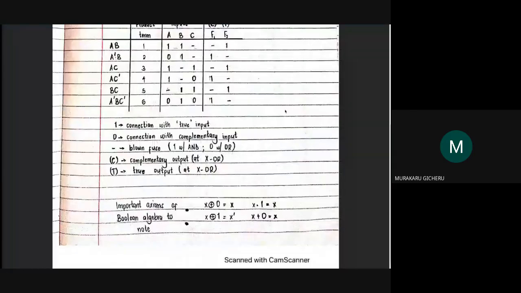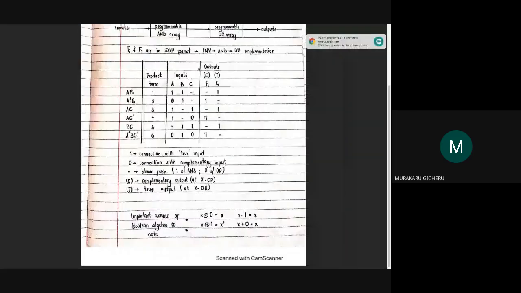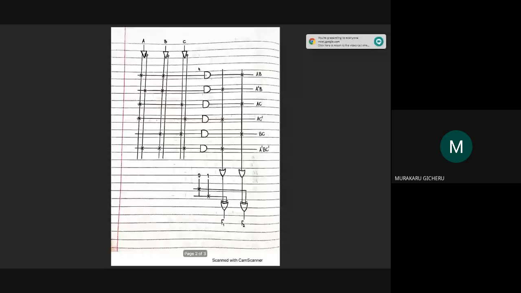So now here, this whole thing is the circuit, the PLA circuit that will be used. Here we have N inputs, which means that we will have N buffer inverter combinations. And I hope everyone knows what this symbol means. Since we have 3 inputs, we'll have 3 buffer inverter combinations.